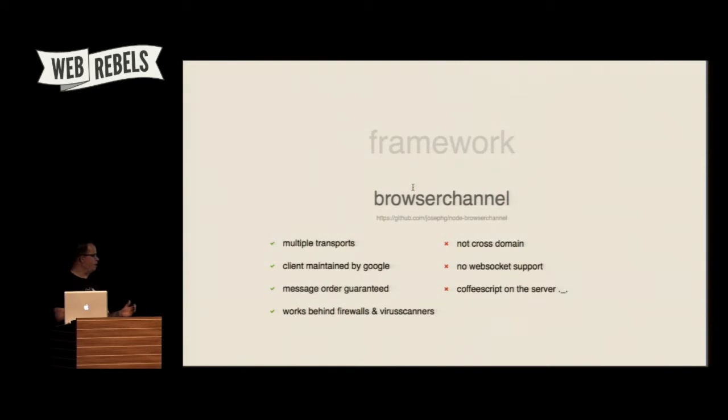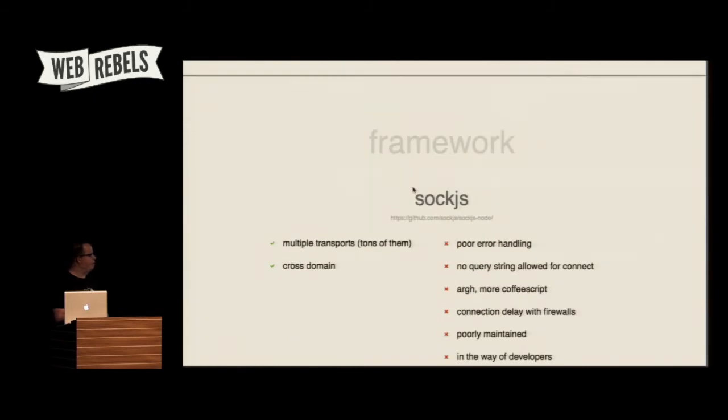It does support ordered messages, and it guarantees it. It works behind firewalls because it's not supporting WebSockets. It's also not cross-domain. And unfortunately, the Node version of it is built with CoffeeScript, which I absolutely hate because it's horrible to debug. And real-time should be easy to debug, and CoffeeScript just goes in the way of it.